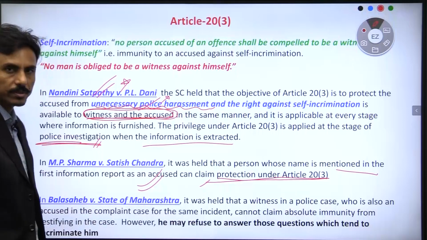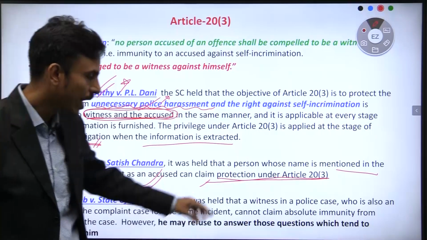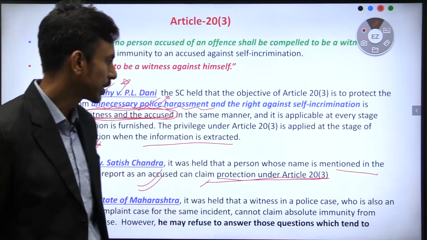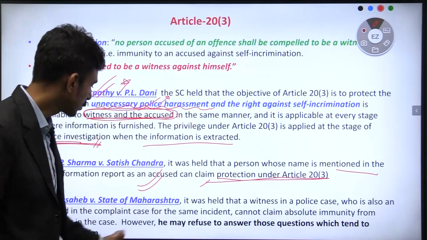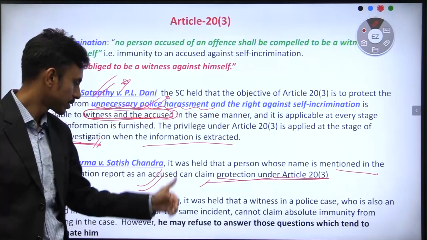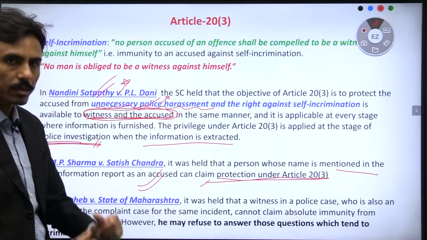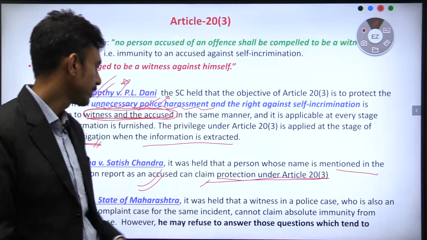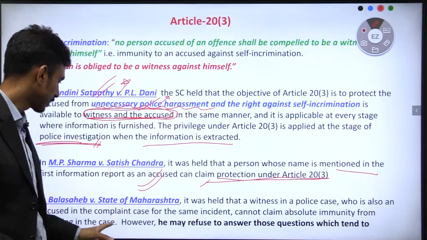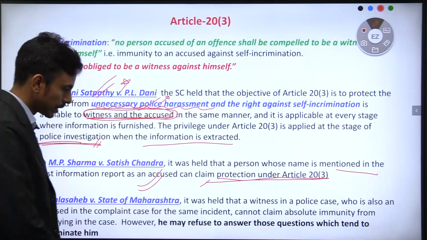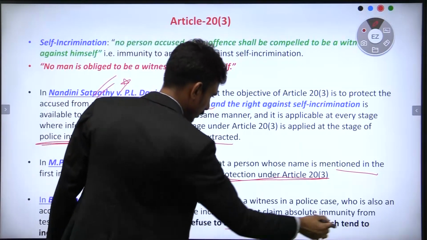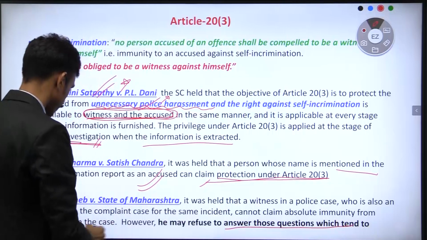In Balasaheb versus State of Maharashtra, it was held that a witness in a police case who is also an accused in the complaint case for the same incident cannot claim absolute immunity from testifying in the case. However, he may refuse to answer those questions which tend to incriminate him, right?